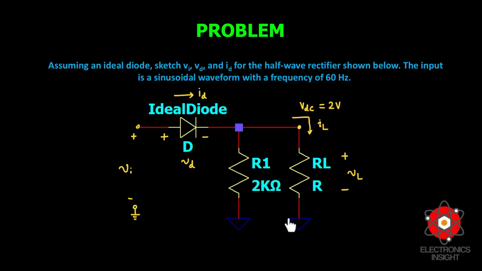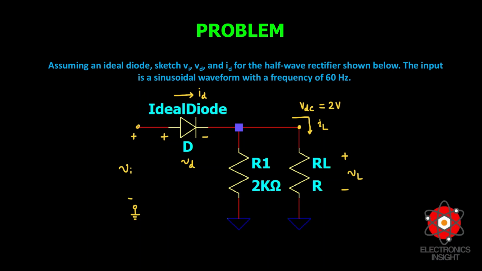A simple half-wave rectifier circuit is shown here, and the problem statement says, assuming an ideal diode, which means the diode used in the implementation of the half-wave rectifier is considered to be ideal. We need to sketch VI, the input voltage, VD, the voltage across the diode, and ID, the current through the diode, for the half-wave rectifier shown below.